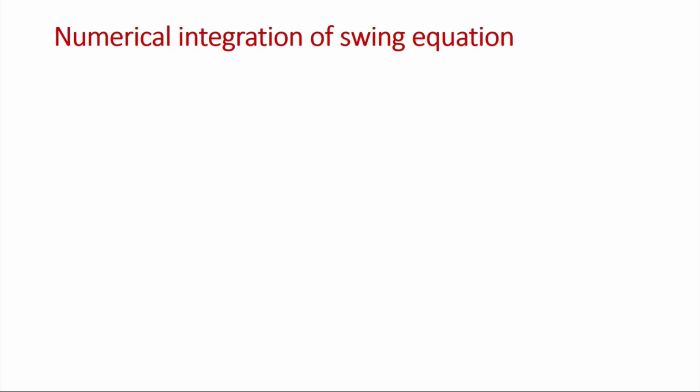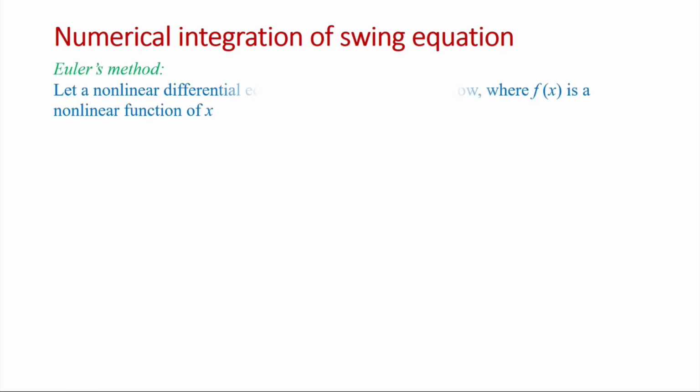There are many numerical methods available, and if we use one of them and find the response, we can see the behavior of both delta and delta omega. So the first method is Euler's method.